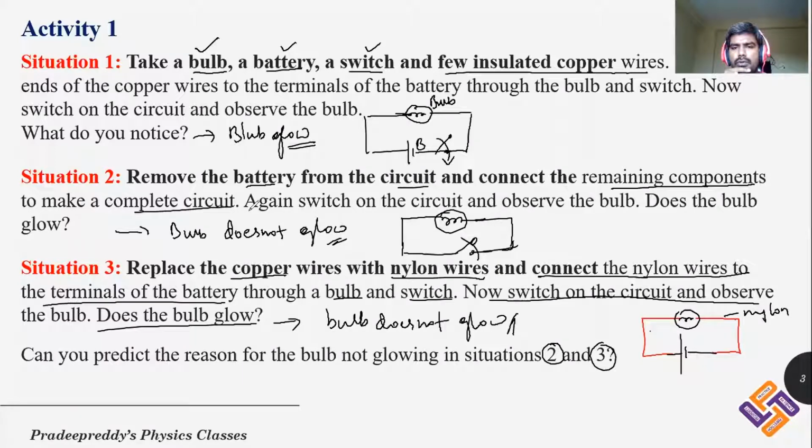So in situation 2, if you do not have a battery, and the battery is the power source, the energy source over there. What does this battery do? It converts chemical energy into electrical energy. When you remove that battery, there is no source of energy in the circuit. As a result, no energy gets converted into another form, and the bulb does not glow in situation 2.